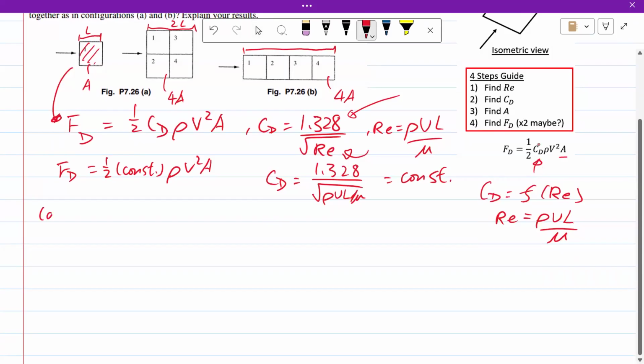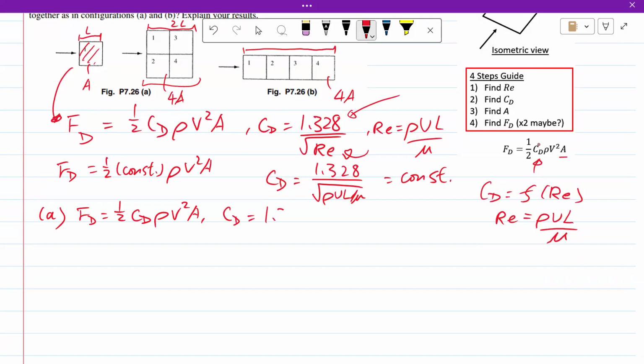Now let's move on to configuration A with your four plates as a bigger square. Again, FD is half CD, drag coefficient, rho V squared A. CD equals 1.328 divided by square root RE. Now, however, your Reynolds number has actually changed because we're double the length.